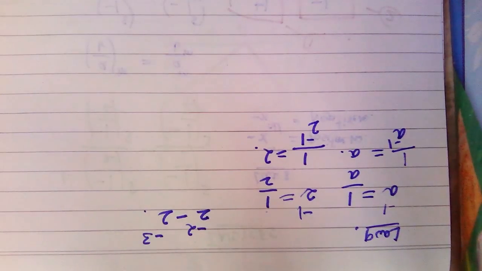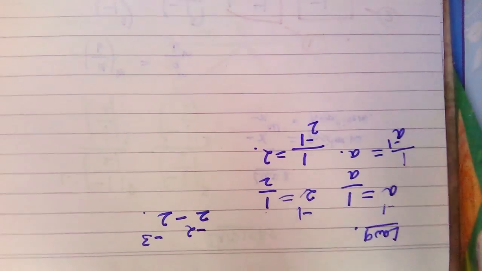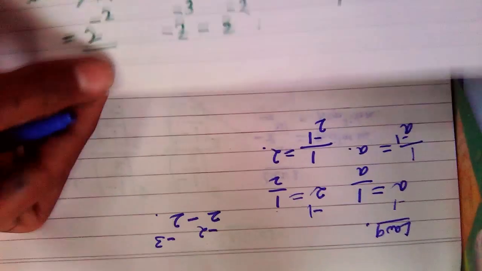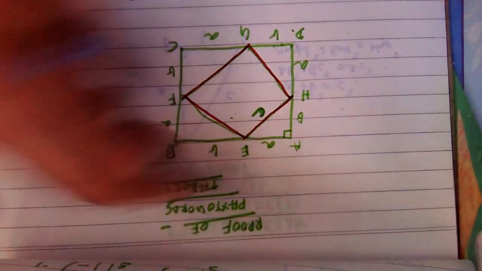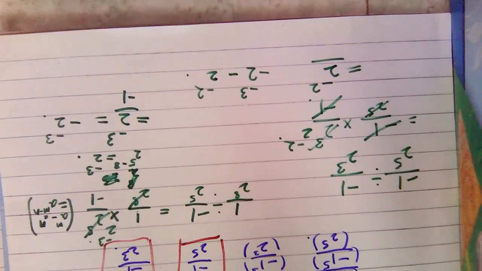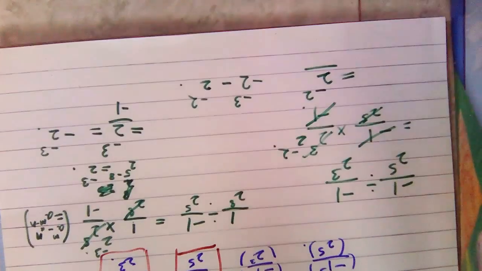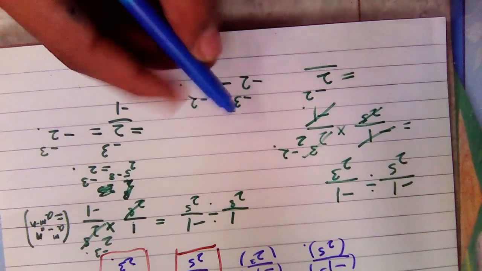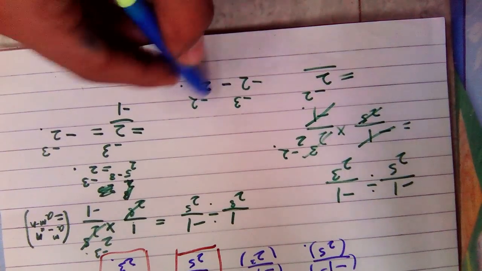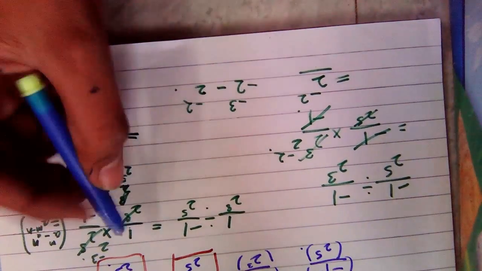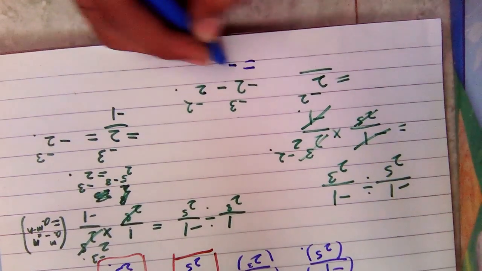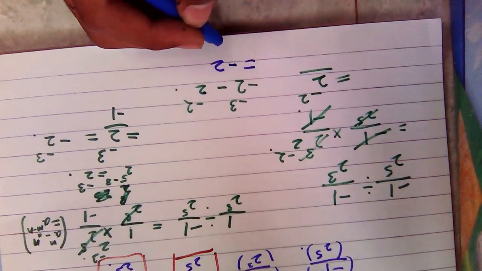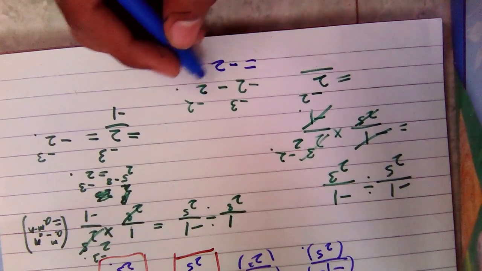I think, wait, let me check it. What was here? Did I make a mistake here? This is not minus, it's plus, as minus to the power of, oh no, it's exactly correct.